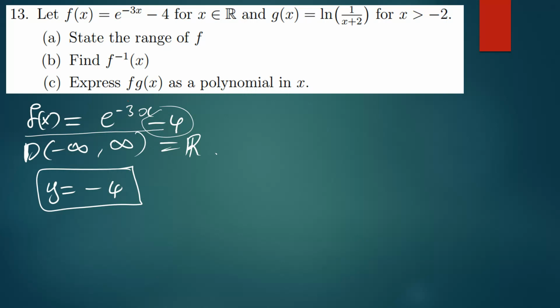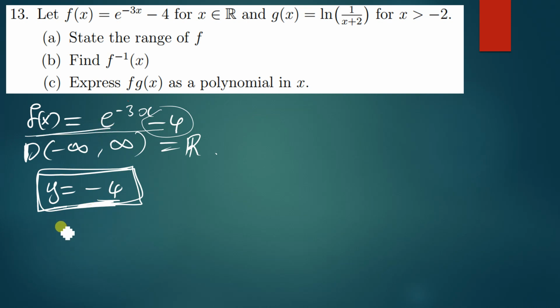Now the horizontal asymptote of this function f of x is y equals negative 4, and what this means is that no matter how long you extend this curve, it will never meet this line. I think in the same video I explained how you get the range of these exponential functions.